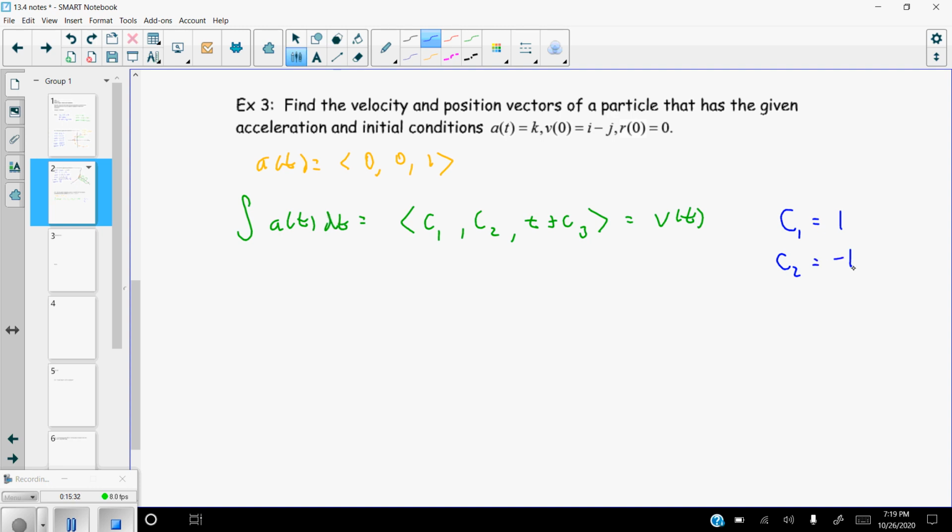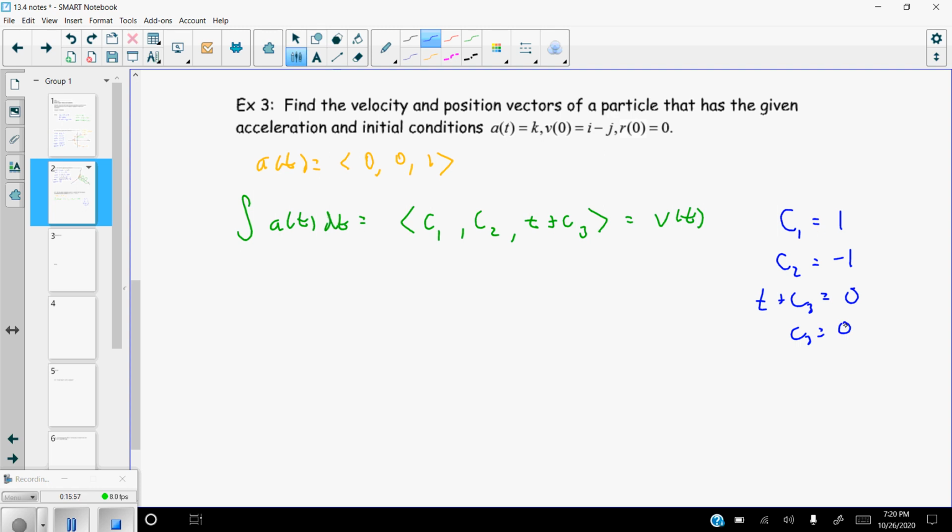Well, that's going to be -1, because again, there's no t values to plug anything into. The last one's a little bit different. We've got t plus c3, that's the z component, has to equal the z component of the velocity, but there's no z component there, so that's 0. And when I plug 0 in for t, we simply get that c3 equals 0.